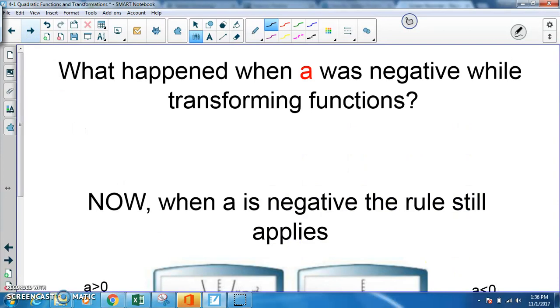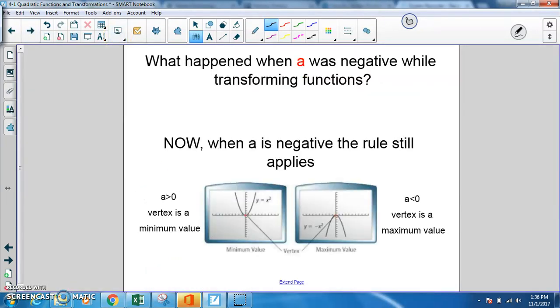When a was negative while we were transforming functions, that means we reflected over our x-axis. That is the same thing when we have a parabola. So if a is greater than 0, we open upward, and our vertex is a minimum value.